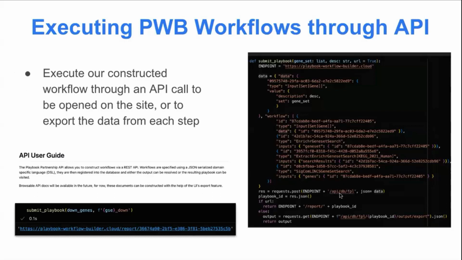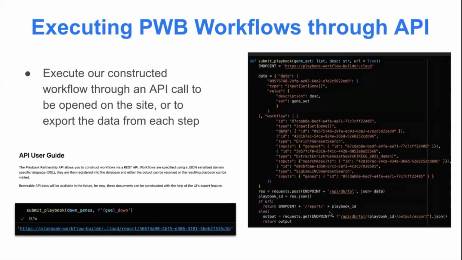Using this particular endpoint with our URL plus api/db/fpl and passing in our data as the inputs to the post request, we're able to get the playbook ID of this entire workflow. Using this ID, we can view the workflow again in the browser by using the Playbook workflow builder endpoint /report with this ID.